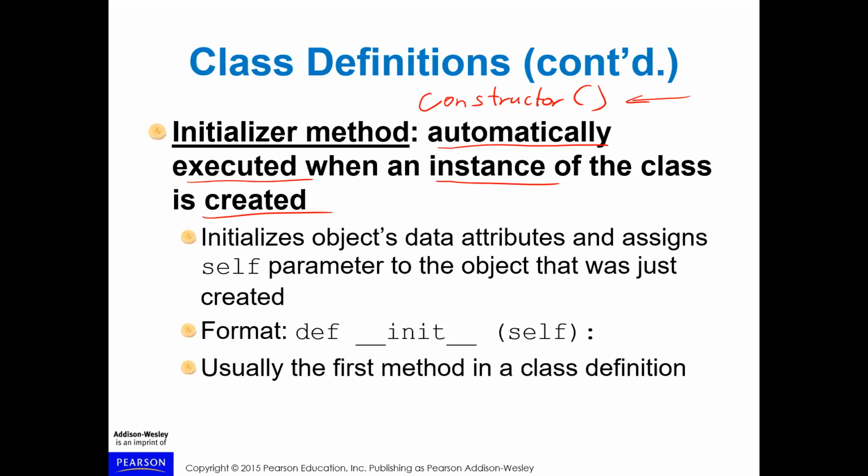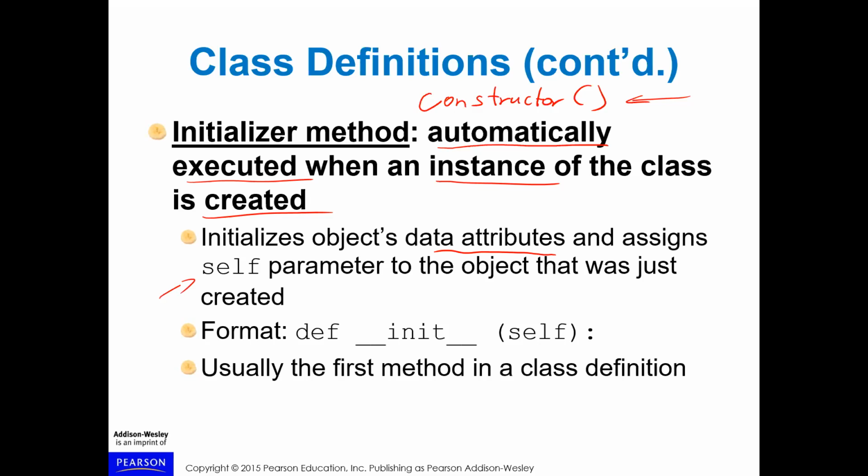Okay. It initializes objects, data attributes, like the hammer or the axe, and basically assigns the self parameter to the object that was just created. So this is where you create that reference, right? So now you're going to have self, imagine it as a place in memory. And then you've also created the instance.